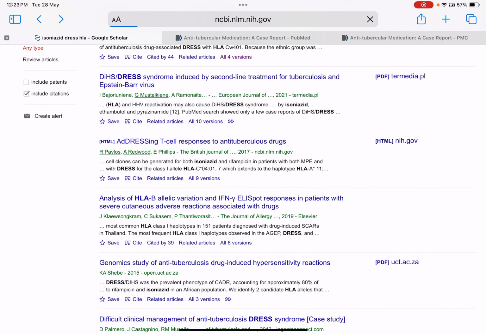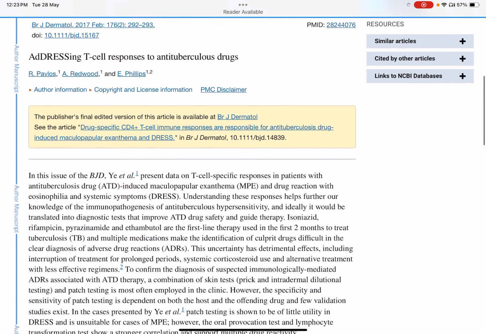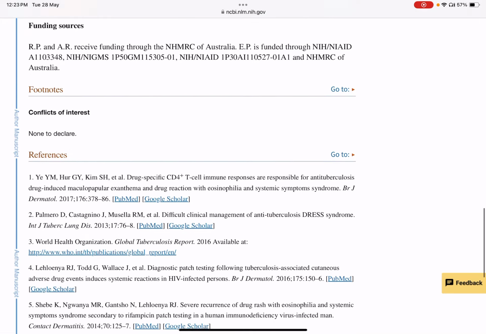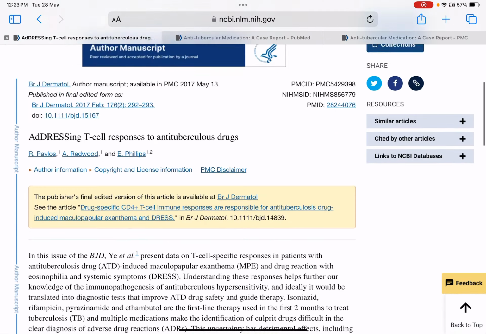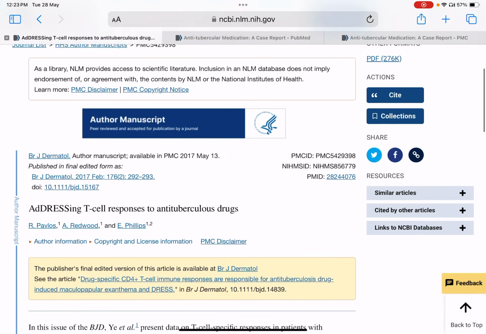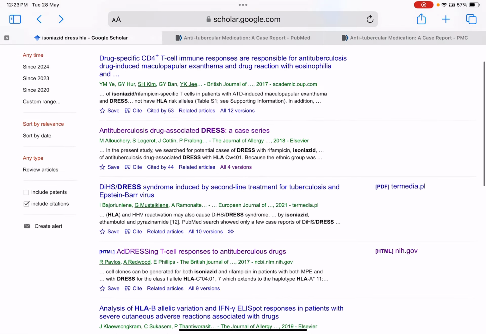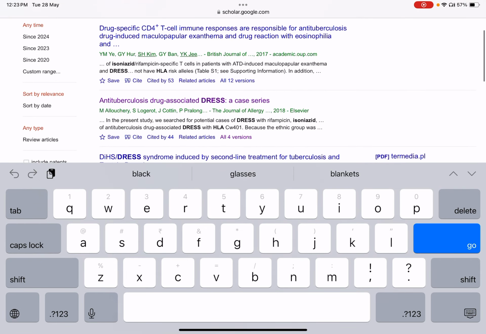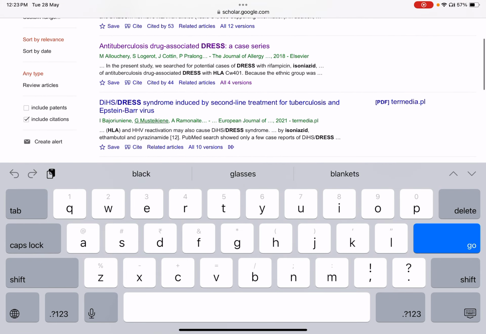So let's open this. And here you will find some study, but this is also again closed. So there are ways to open these journals. You can find it out on Google.